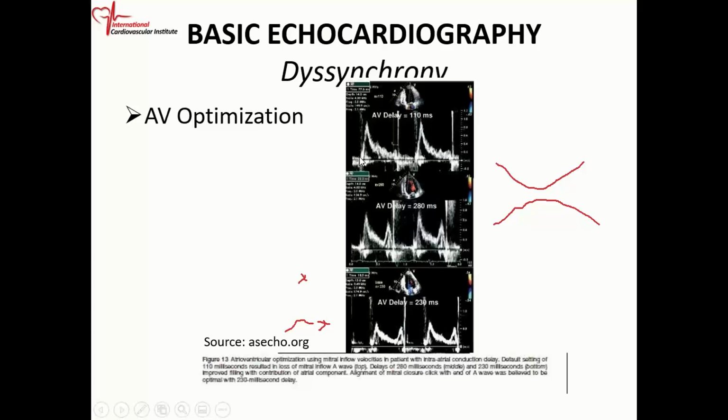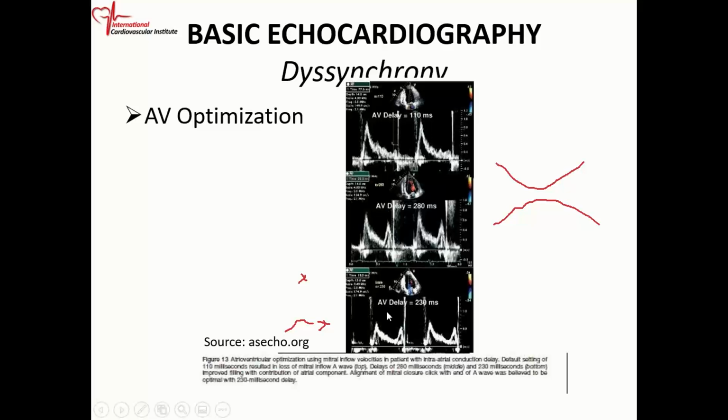And what we do in the echo lab to make sure that you optimize resynchronization, you can look at the mitral inflow, and you want to optimize to get a nice crisp E velocity and a nice A velocity. When you look at the ECG, your mitral inflow should be in diastole.